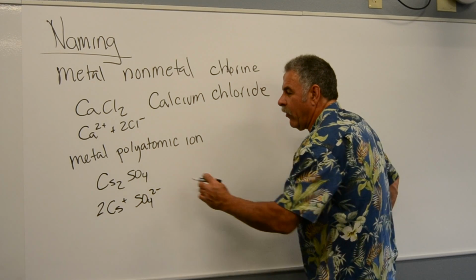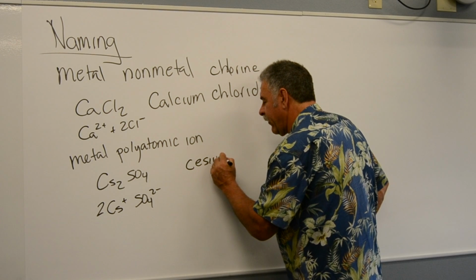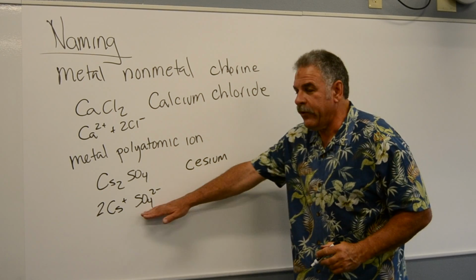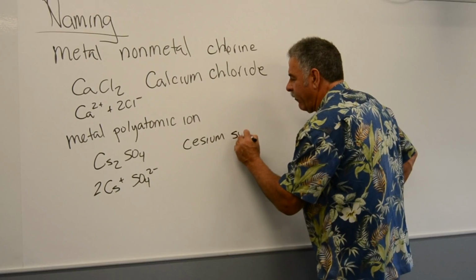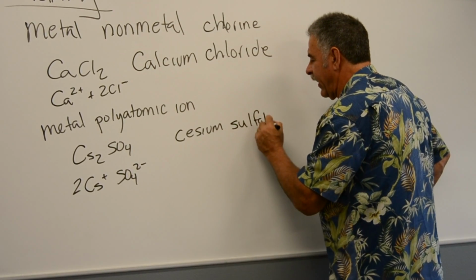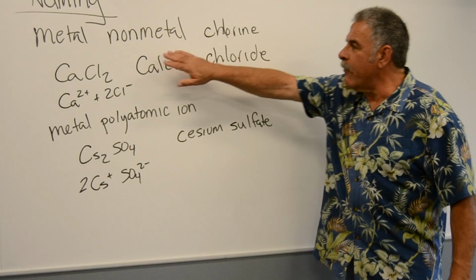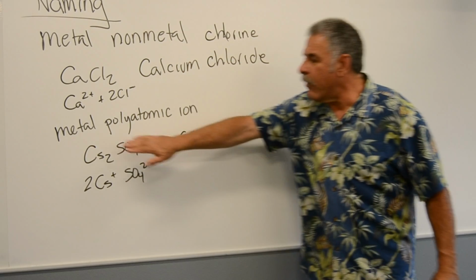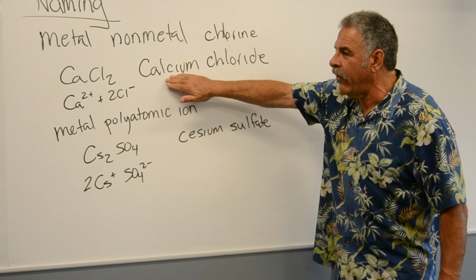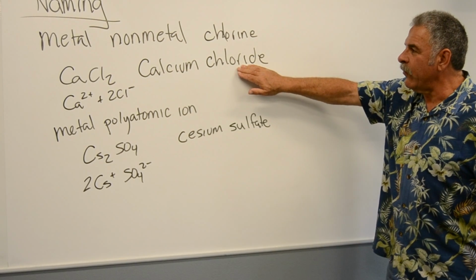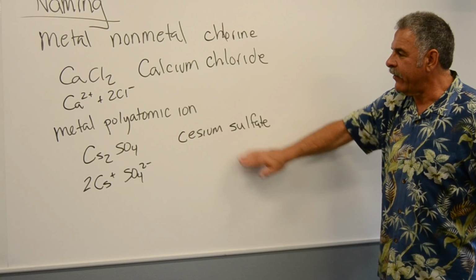So we write the name of the metal first, cesium, and since this is a known quantity, we just have to call it by its name, sulfate. Cesium sulfate. So we've covered a metal and a non-metal, a metal and a polyatomic ion. They both start with the name of the metal and then end with the non-metal or polyatomic ion.